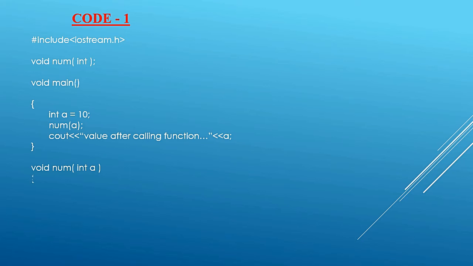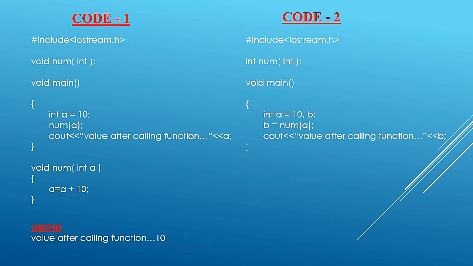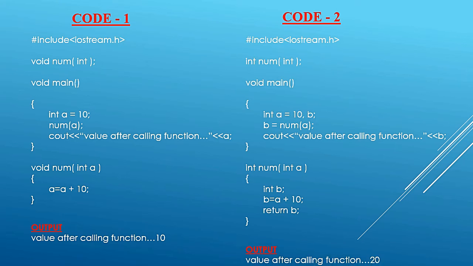Look at these two codes carefully and watch the output of both. What did you see? First one gives 10 and the second one 20, right? Why did this happen? In code 1, return type of the function is void, so the value of a in main did not change.